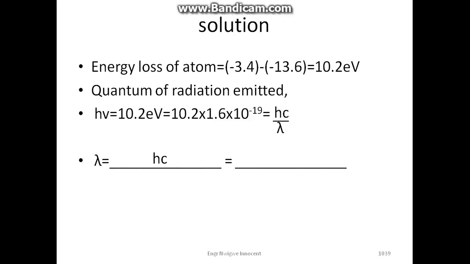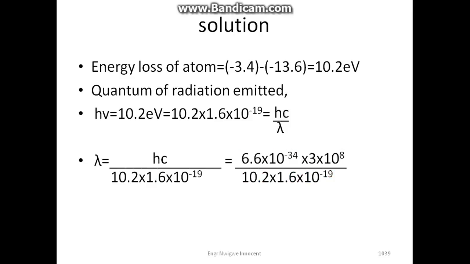Lambda is equal to hc over 10.2 times 1.6 times 10 raised to the power minus 19, which is equal to 6.6 times 10 raised to the power minus 34 times 3 times 10 raised to the power 8 all over 10.2 times 1.6 times 10 raised to the power minus 19. Lambda is now equal to 1.2 times 10 raised to the power minus 17 meters.